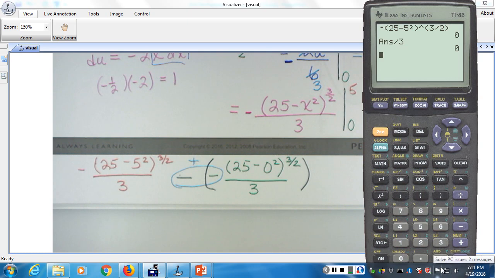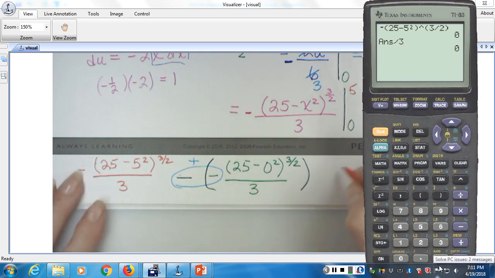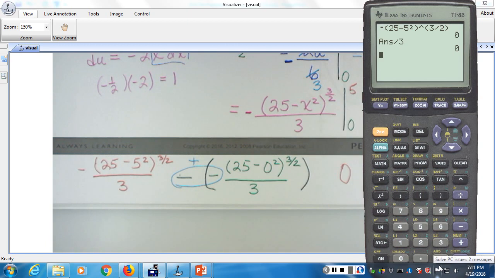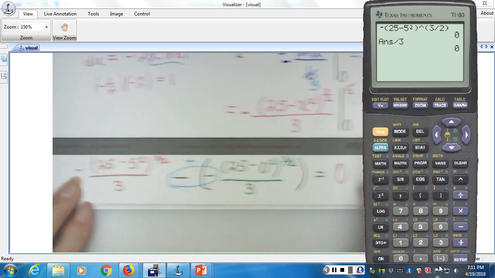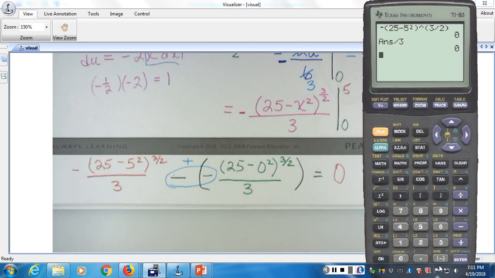So that whole first thing is 0. So then we just got to figure out what the other one is.